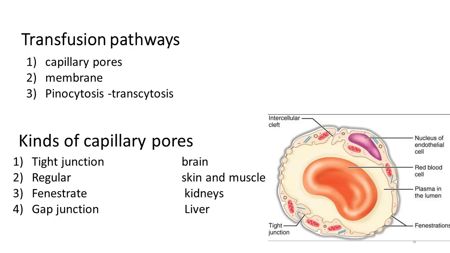The membrane of the endothelial cell is another way to transfuse molecules, especially gases, by simple diffusion. And finally, pinocytosis or transcytosis is another way that molecules go inside the endothelial cells by endocytosis and pinocytosis, and then go to the interstitial fluid by exocytosis.